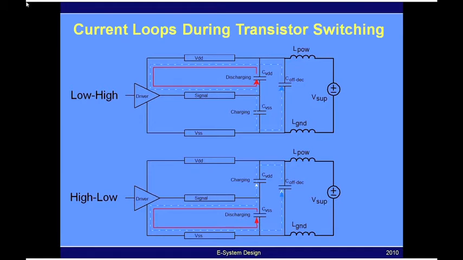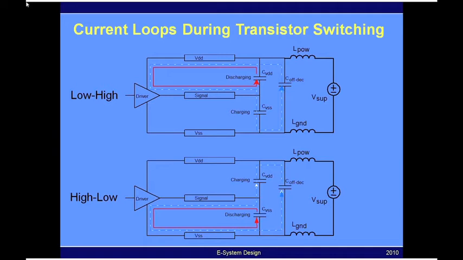So in this example, when you switch from low to high, the ground planes will have next to no effect on the signal integrity of the waveform. Similarly, when you have a high to low transition, the VDD plane will have absolutely no effect on the signal integrity of the waveforms because there are no currents flowing through those structures.